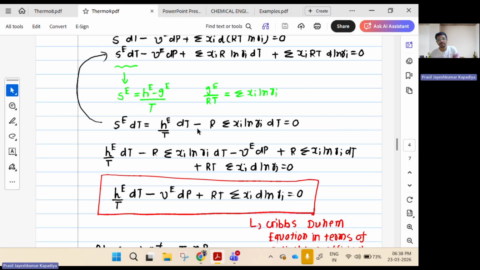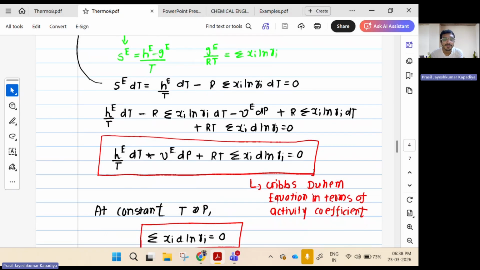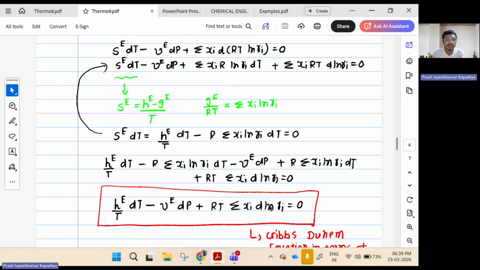If I simplify this, these two terms are similar, so this cancels out. So we are only left with HE by T dT minus VE dP plus RT summation Xi d ln gamma is equal to 0. This equation is called the Gibbs-Duhem equation in terms of activity coefficient.